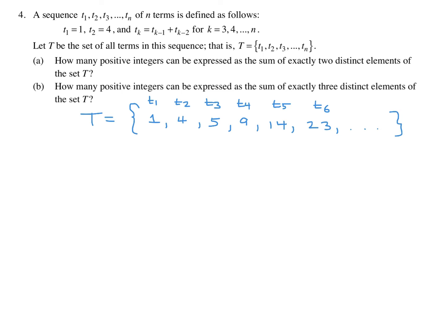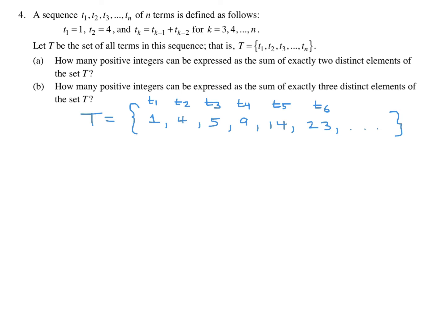So for example, if I took 4 and 9 and added them, I get 13, right? So 13 is one possible sum. If I added 5 and 23, I would get 28. That's another possible sum. They're saying if this keeps on going until Tn, which is some number, I don't know what it is, how many possible sums like this can you get?